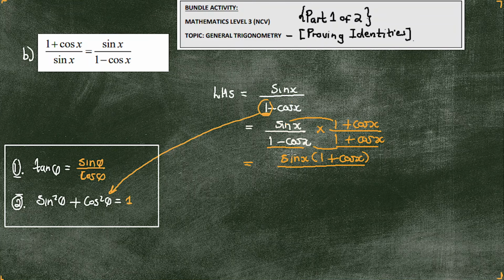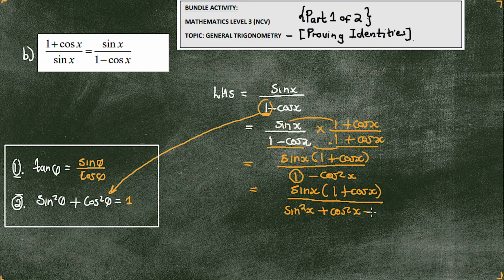Looking at the signs, and I'm rationalizing, I have a difference of 2 squares. So this one multiplied by that one, it's 1. Cos x times that cos x, it's minus cos squared x. Now, this 1 can actually be changed because it's next to a cos squared. So it's going to be sine x, 1 plus cos x, divided by sine squared x plus cos squared x minus cos squared x.